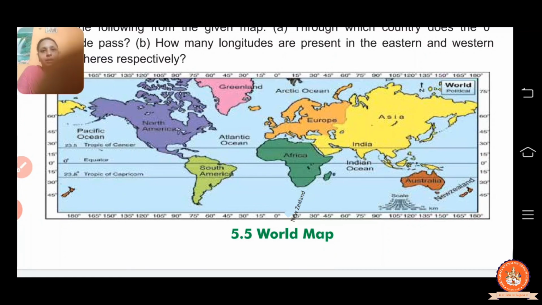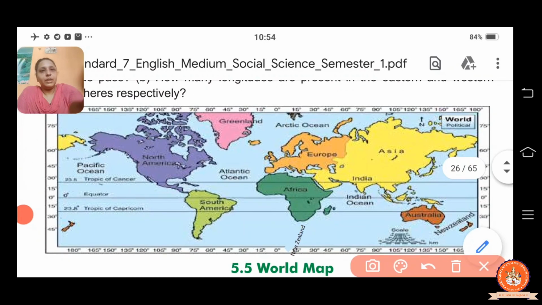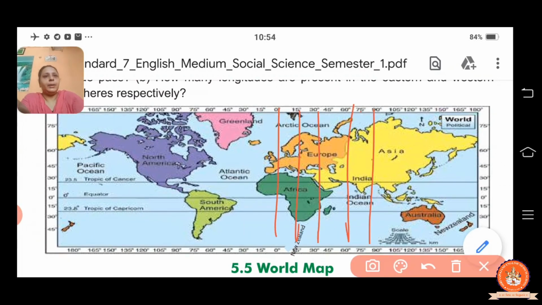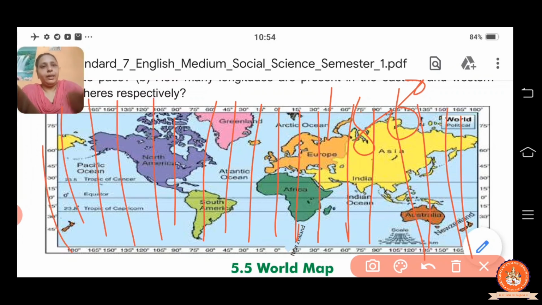That means there are 180 lines here on the eastern side and 180 on the western side. Okay, so a total of 360 degree longitudes are situated there.